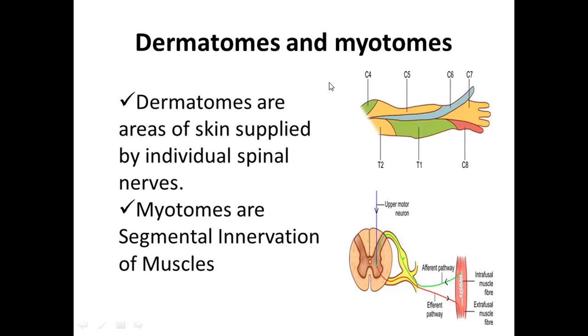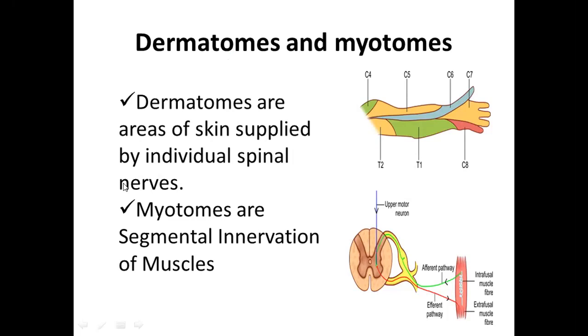So, if one pair of spinal nerves goes to supply the shoulder, we can specify the area of the skin supplied by a specific spinal nerve, and this is called a dermatome. So, what is the dermatome? It is the area of the skin supplied by an individual spinal nerve.